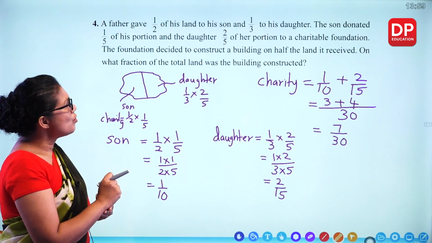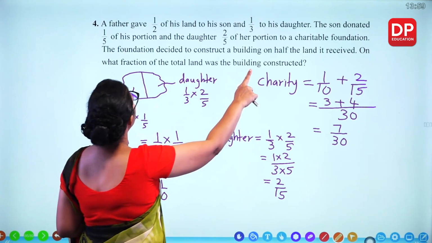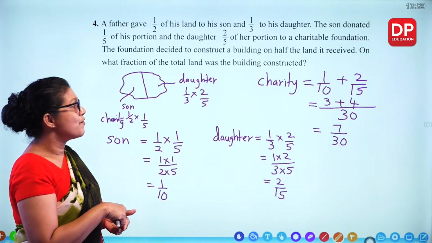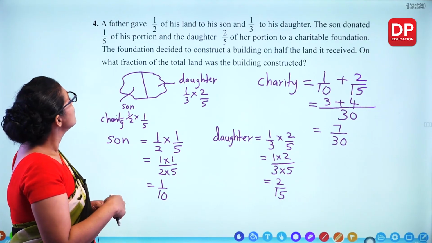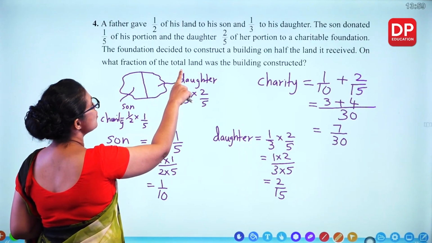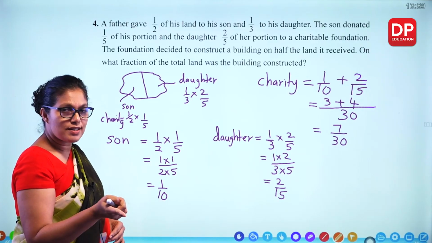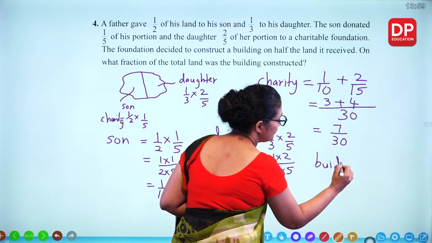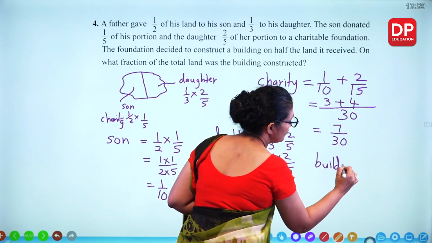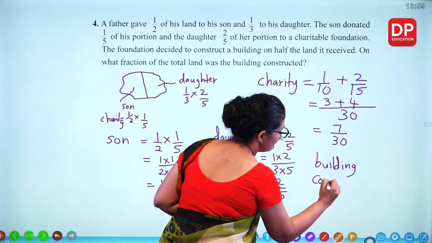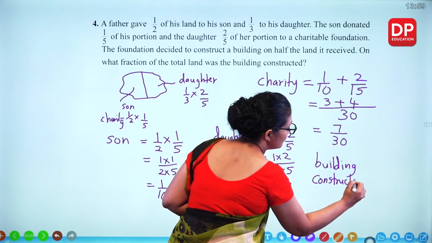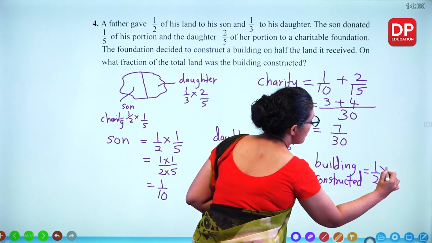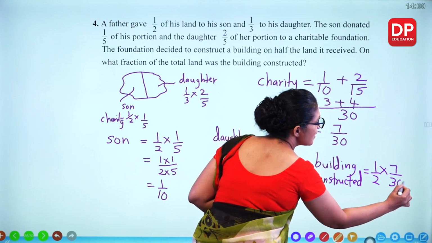But what do they do? They are building a house in half of the land. So what fraction of the total land was the building constructed? So building constructed in half of 7 over 30.